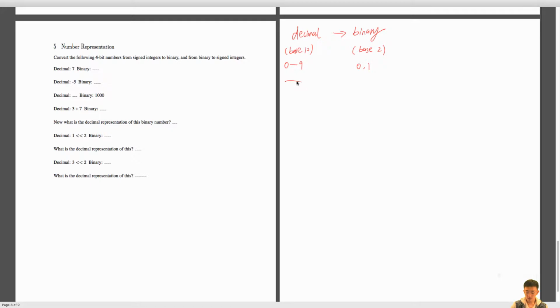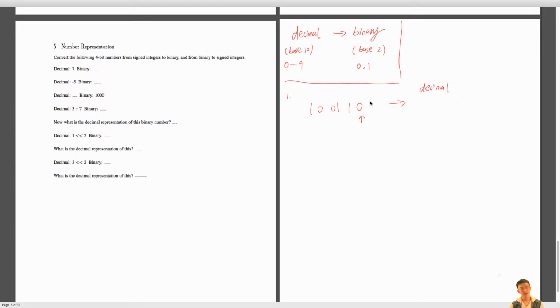Before we talk about negative numbers, let's think about positive numbers first. For example, let's say we have the number 1001010. This is our binary number. What is the representation in decimal? The way we do it is we always look at the rightmost digit.